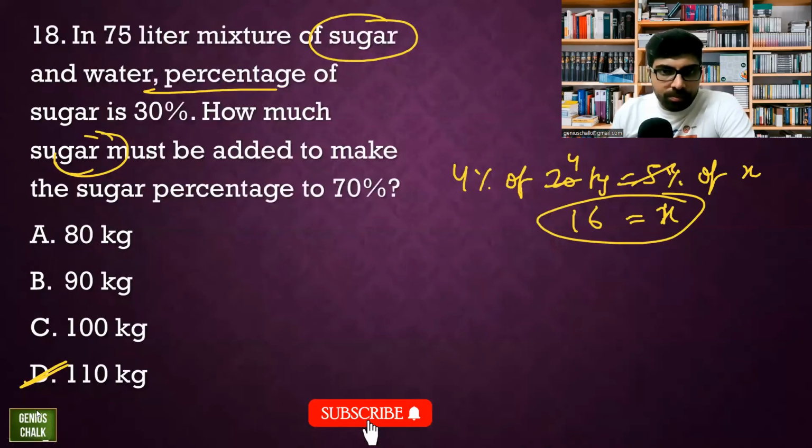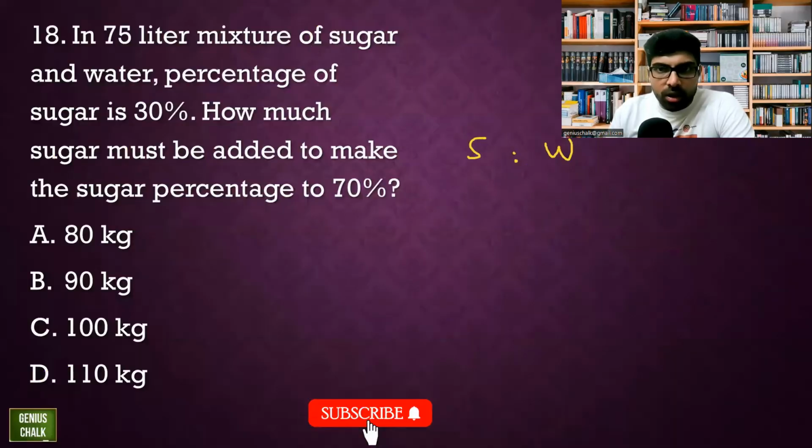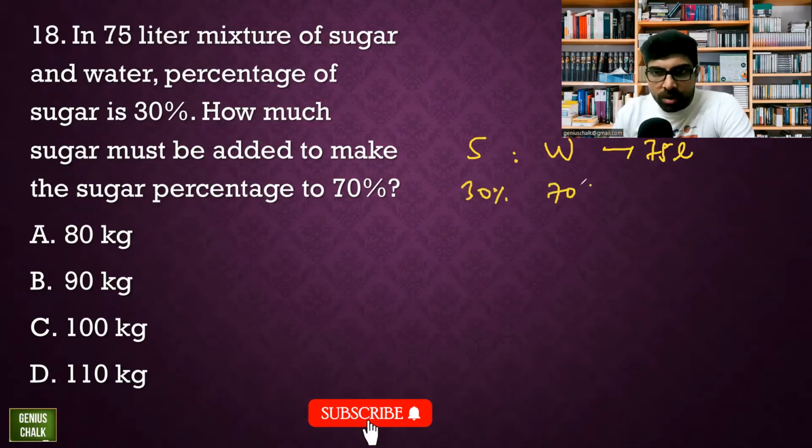Next one, in a 75 liter mixture of sugar and water, total 75 liter, the percentage of sugar is 30%, so water has to be 70%. How much sugar must be added to make the sugar percentage 70%?